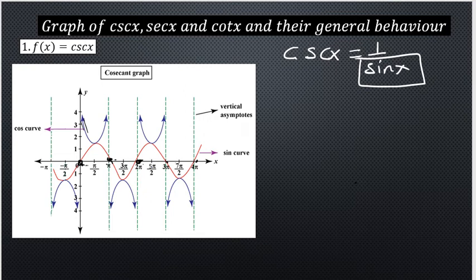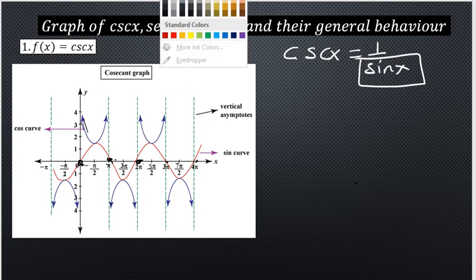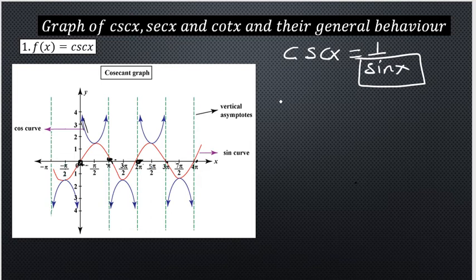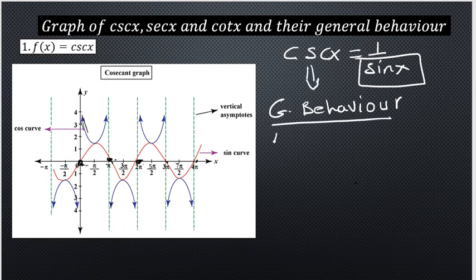So, the general properties of the cosecant function, the general behavior, we can say. We are talking about cosec, don't forget that. First point, domain.